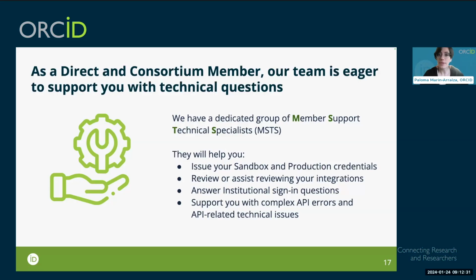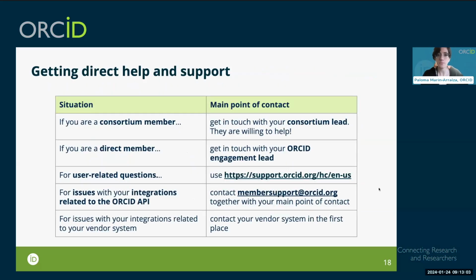If you need to update an address, or if you need to change the name that is displayed on the user interface, etc. They will help you or assist your consortium lead when reviewing custom integrations and answer institutional sign-in questions. And of course, as mentioned, support you with complex API errors and API-related technical questions, precisely when they aren't documented already in our documentation.